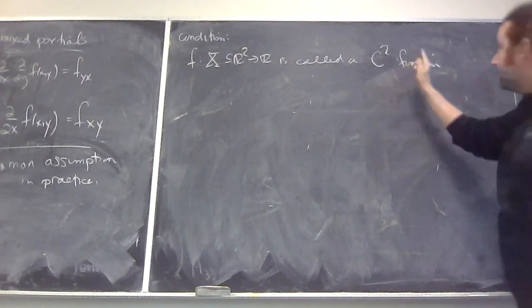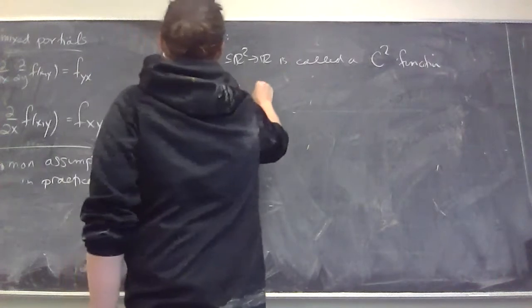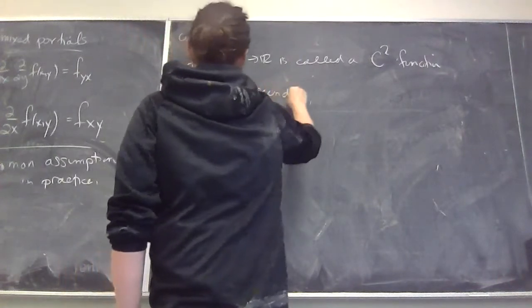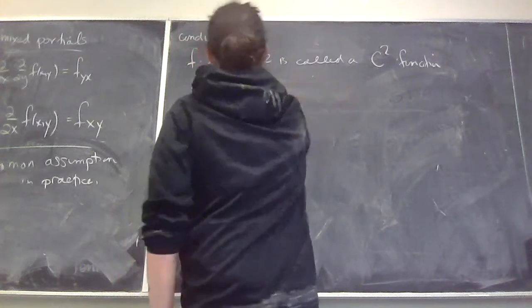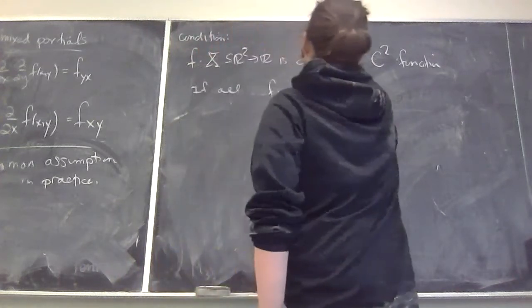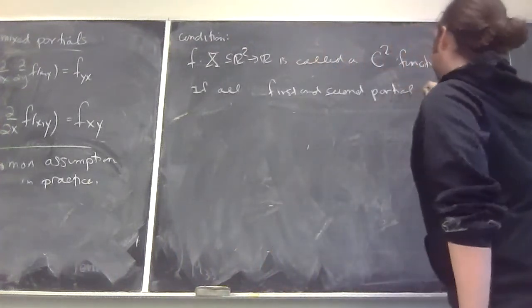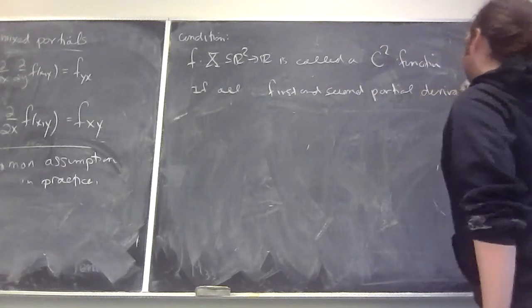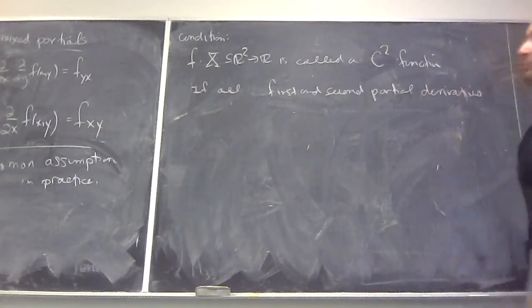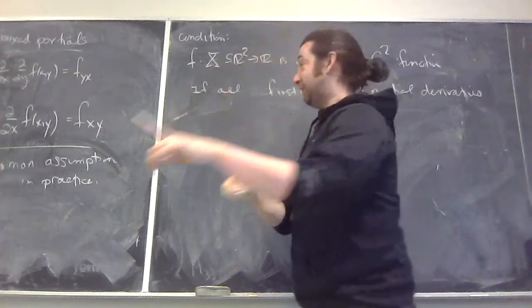A function is called a C2 function if all first and second partials. Any guesses? I heard somebody whisper it. What behavior do the first and second derivatives have to have to call a function C2? Continuous, not just exist. You gotta say more than exist.